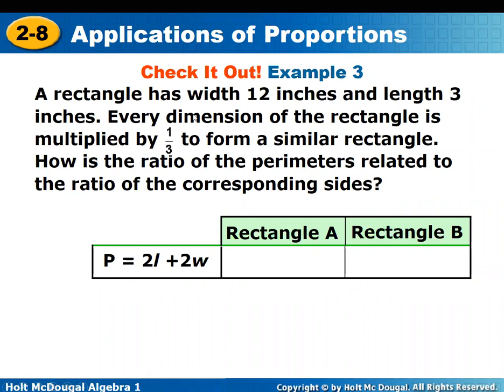Did you see this question in front of you? The scale factor was a third. A third is less than 1 or greater than 1? Less than 1.